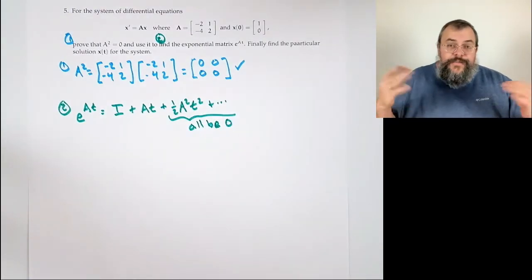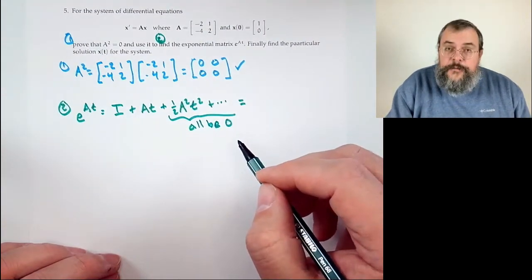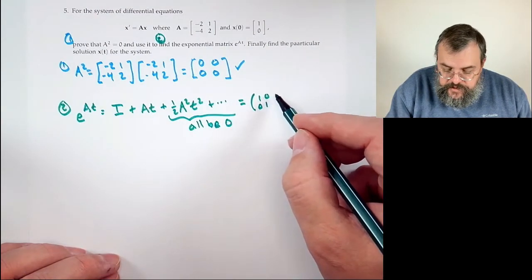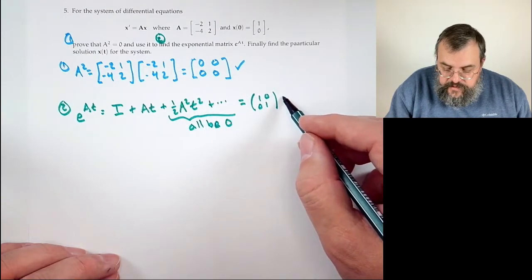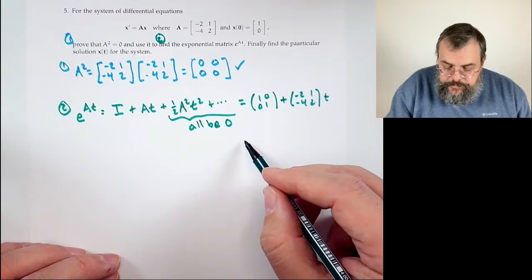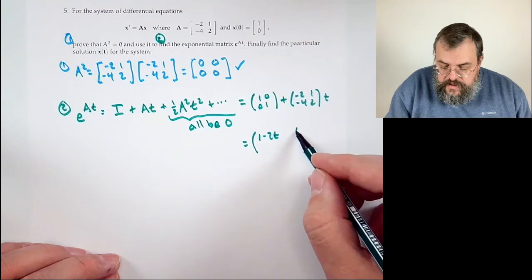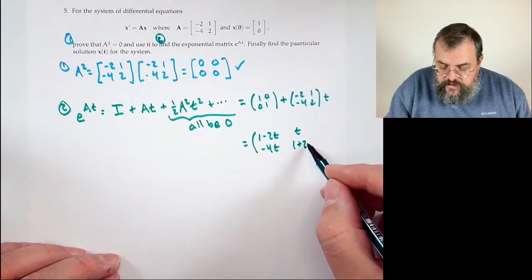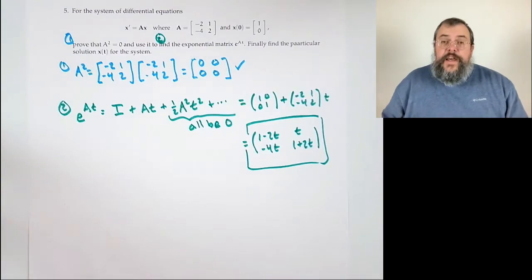So A cubed equals 0, A to the 4th equals 0. So we say, oh, well, that's really convenient. So the identity matrix, that's 1, 1, 0, 0. And then we have A times t. So plus minus 2, 1, minus 4, 2 times t. Put that together. 1 minus 2t, t, minus 4t, and 1 plus 2t. Okay. So that's e to the At.